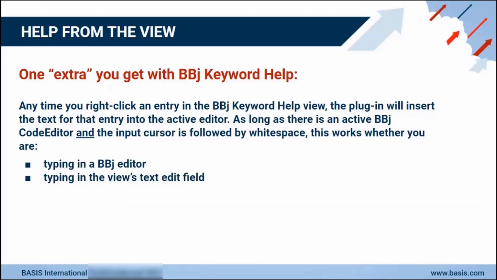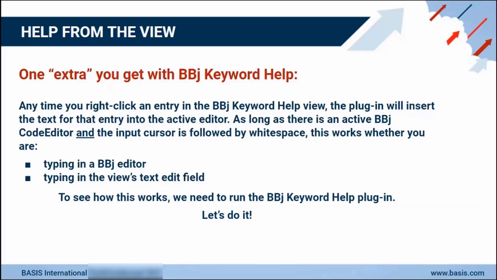So if there is an active BBJ code editor, then this works, and it will let you do it whether you type directly in a BBJ editor and highlighted something, or whether you're typing in the view's text field that we showed you just a moment ago. Sort of think of it as another type of code completion. To see how this works, we need to run the BBJ Keyword Help plugin, so let's do it.